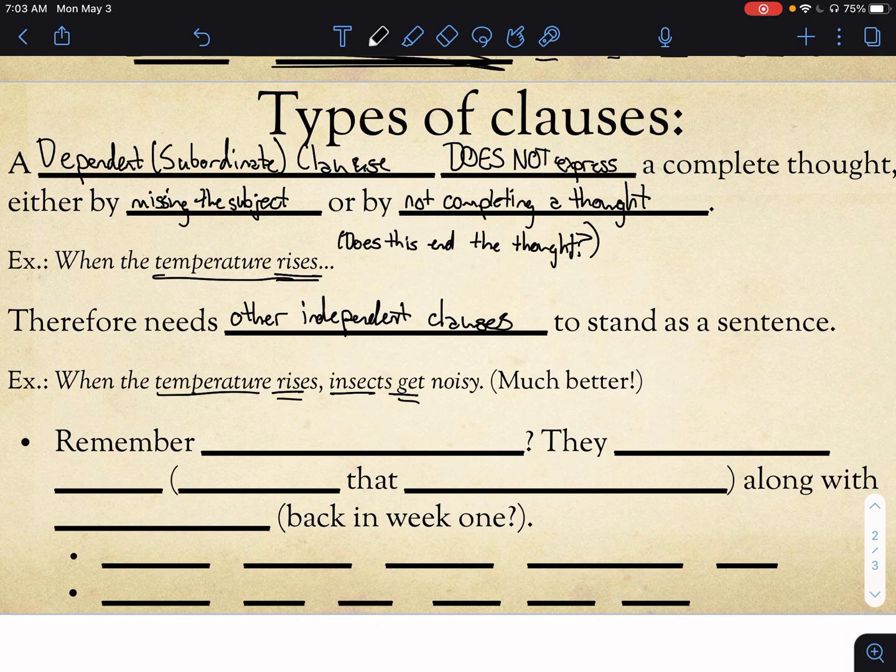Okay? And remember, this is way back to about a month ago when we talked about types of conjunctions. One of them that we talked about are subordinating conjunctions.